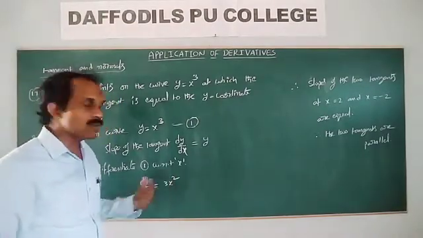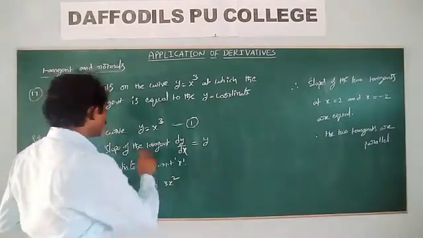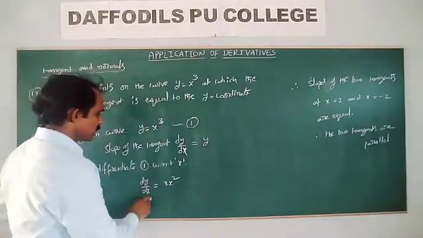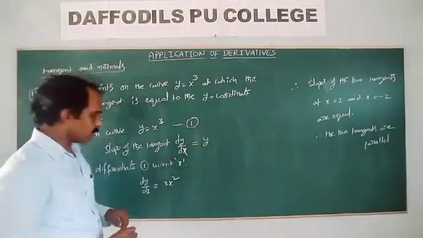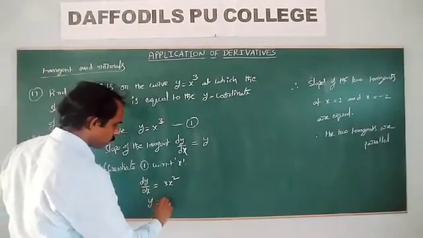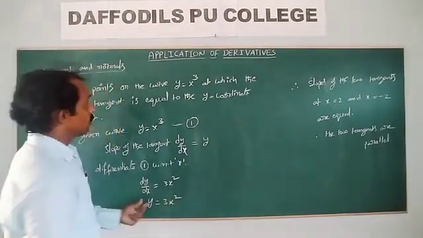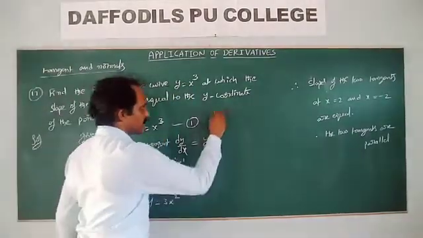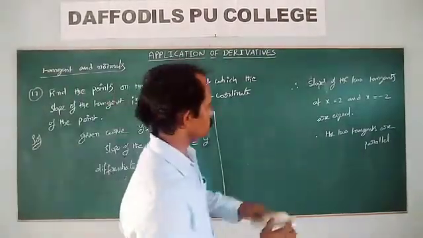But by the given statement, the slope of the tangent is equal to the y coordinate. In place of dy by dx, take the y value: y is equal to 3x square. But actually y is equal to what from equation 1? x cube.